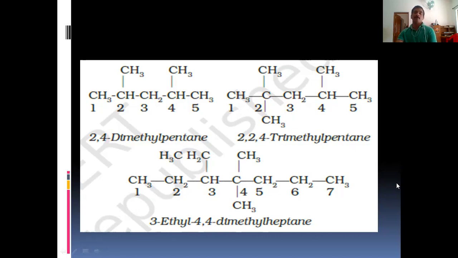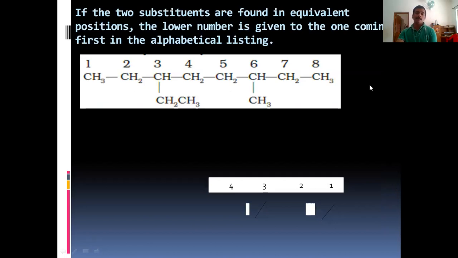Now the next one. Here, in the case of more substituents, if the 2 substituents are found in equivalent positions, the lower number is given to the one coming first in the alphabetical order.